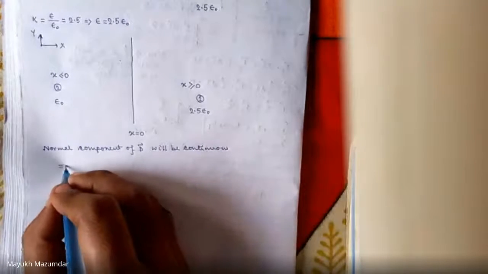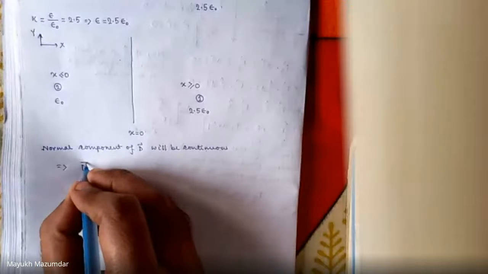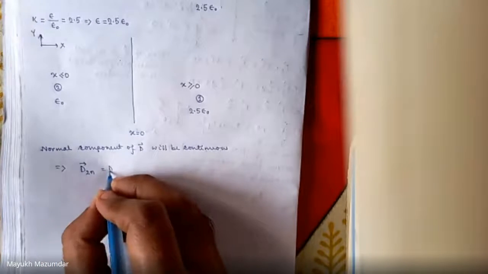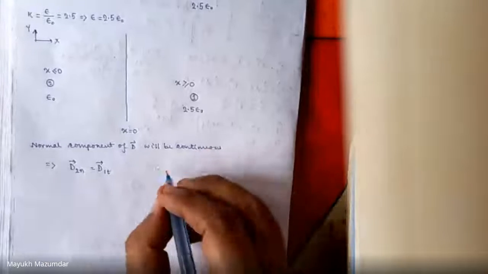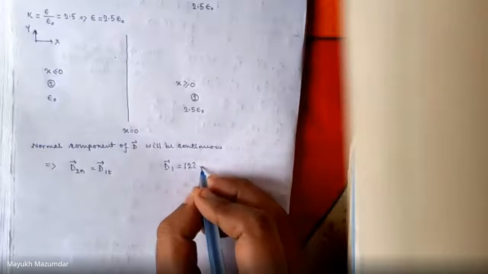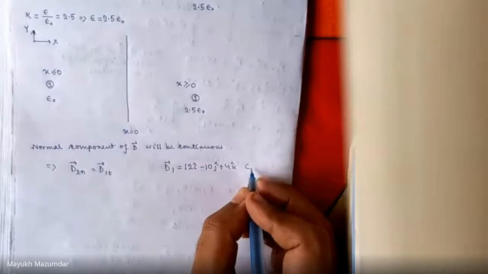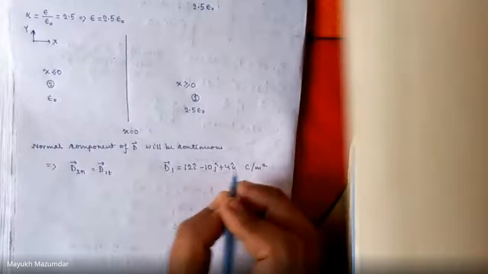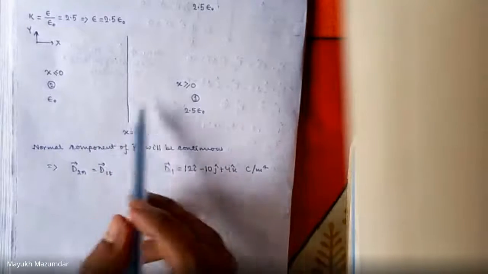That is D2n equals D1n. Now what is D1 vector? 12 i cap, minus 10 j cap, plus 4 k cap. Isn't it? So what is the component normal to the surface?